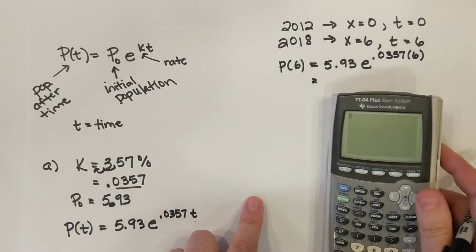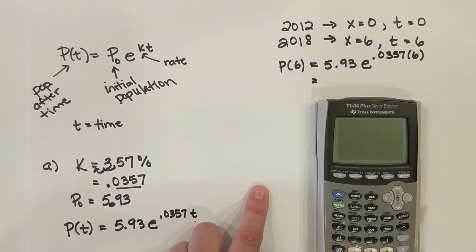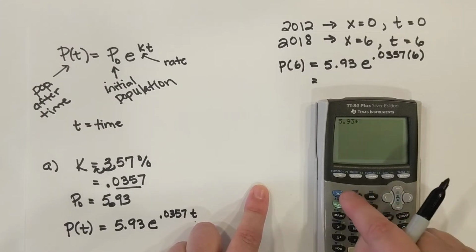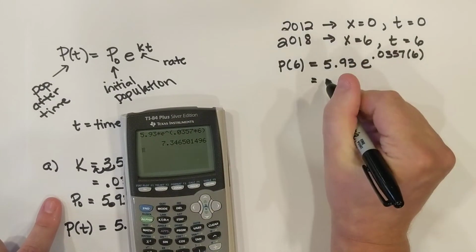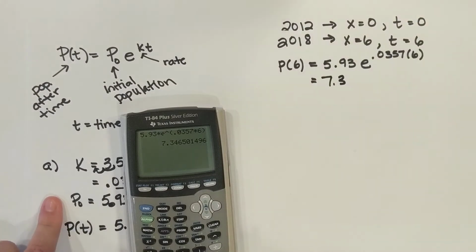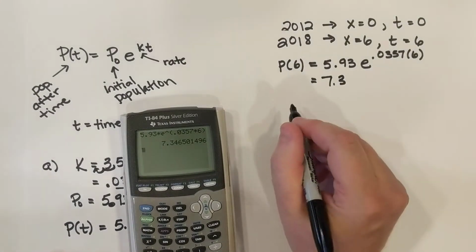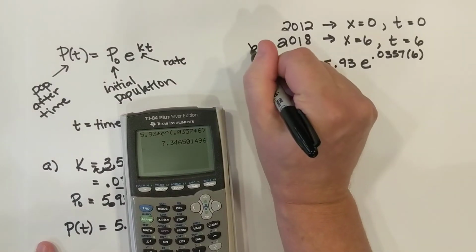So I'll go to my calculator and type this in. 5.93 times e to the 0.0357 times 6. All right, so I've got 7.3. So that would be our answer, 7.3 million. All right, so that was part B.